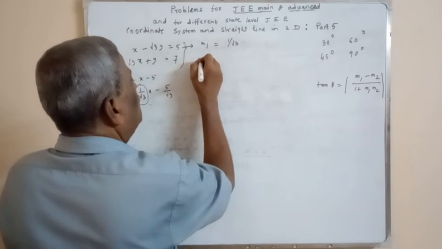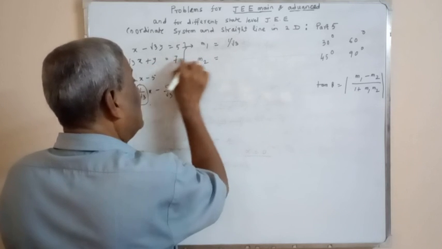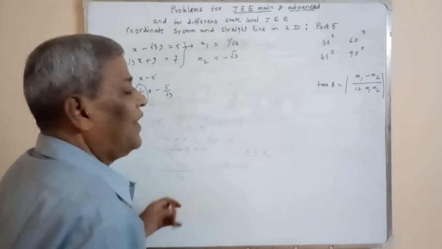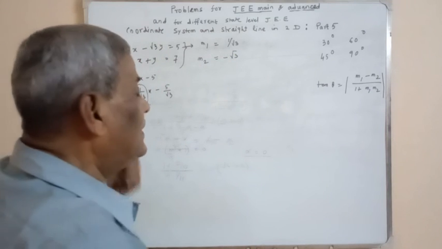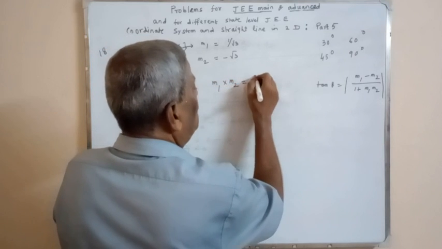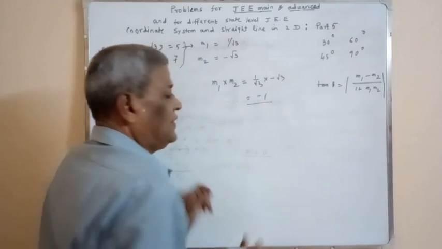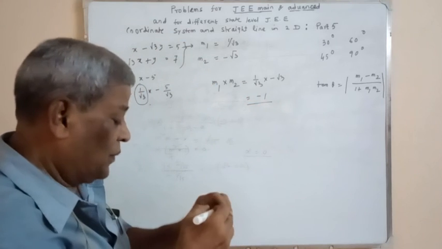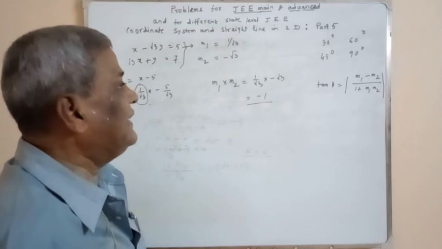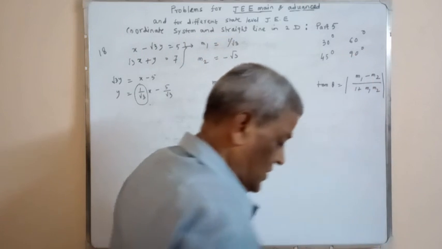Similarly, here is m2: minus y is equal to root 3x, so its gradient is minus root 3. Now we are lucky enough that m1 into m2 is equal to 1 by root 3 into minus root 3 is equal to minus 1. So the product of gradients is minus 1, hence they are at right angle. That is, the angle between the straight lines is 90 degree.